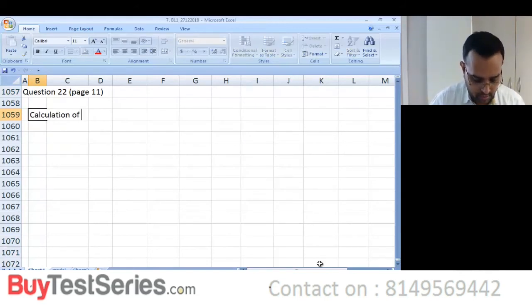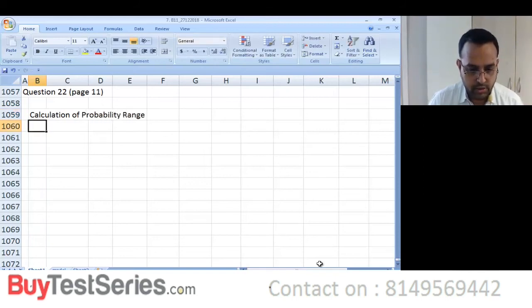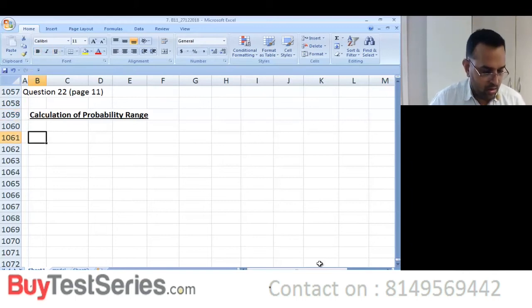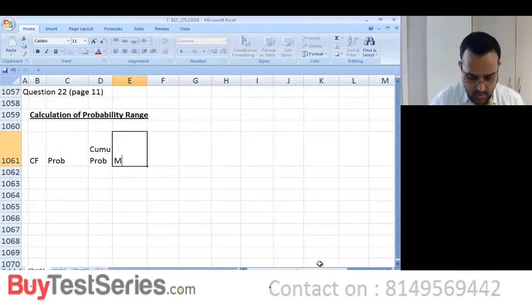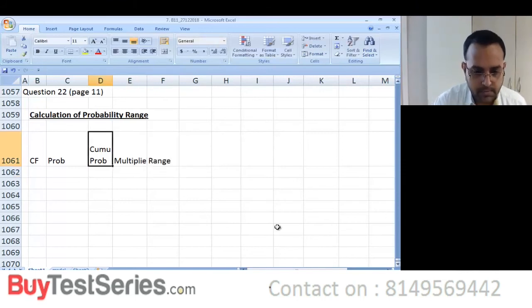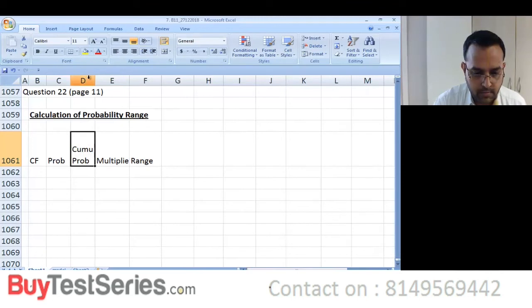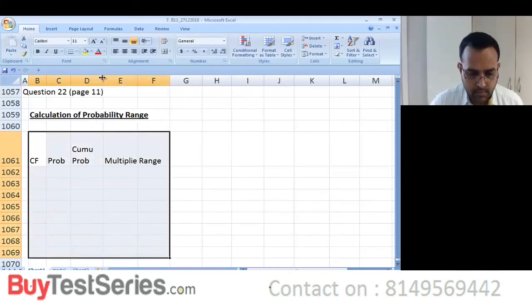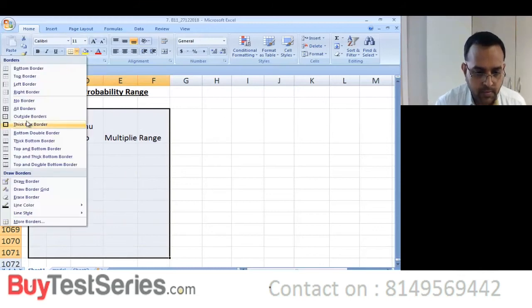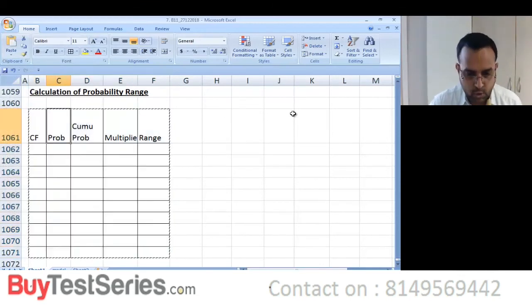Calculation of probability range. Cash flow, probability, cumulative probability, multiplier, range. You might have to repeat the same story for life.